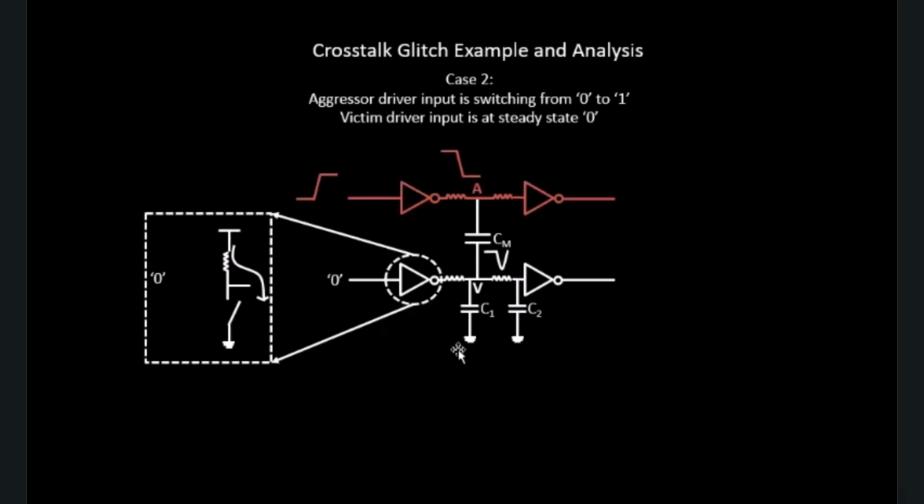Again, in the same way as it was decided in the past by the on resistance of the NMOS transistor, here it will be decided by the on resistance of the PMOS transistor. Basically, the lower the resistance, the higher the drive strength of this particular inverter, and the higher the chances of this glitch to come back to logic 1.